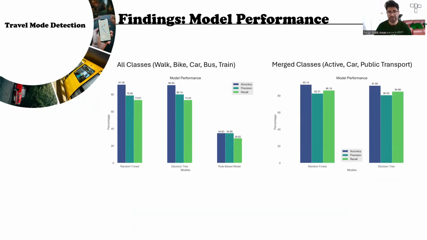For example, walk and bike categories were merged into a single category called active travel, and bus and train were merged into a single category called public transport, to see if merging of these classes can improve the performance of the model. However, when you look at the results, you don't see any significant improvement. Random forest improved by around 1%, whereas in the case of decision tree, that improvement was even less than 1%.